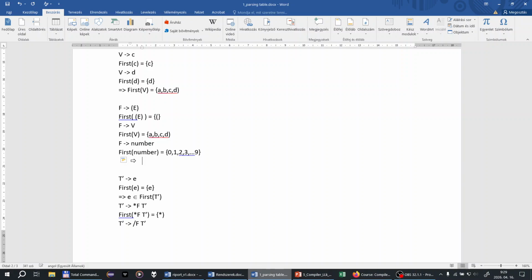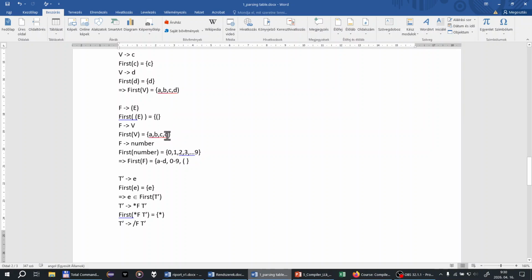As a consequence of these rules, first F equals the union of those sets, so it can be either a letter A to D, or a number 0 to 9, or it can be an opening bracket.